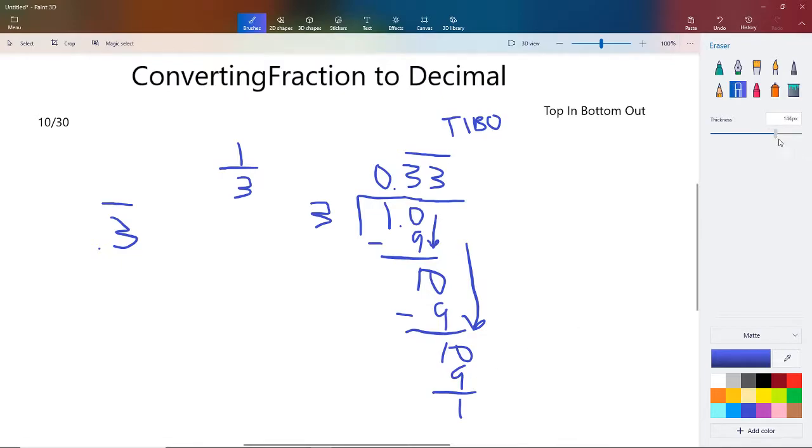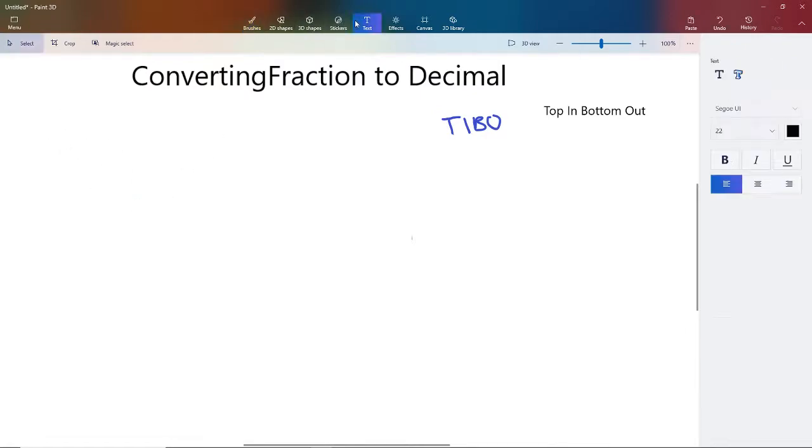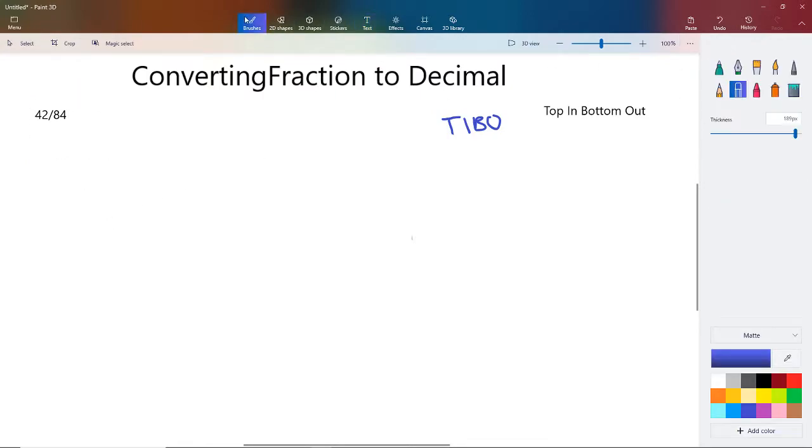Let's try another one. Next one we're going to try is 42 over 84. So we know we're changing a fraction to a decimal, so we need to use TIBO. Before we use TIBO though, we need to see if we can simplify this number at all.